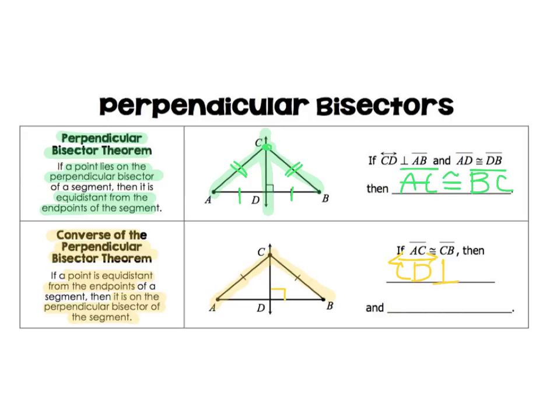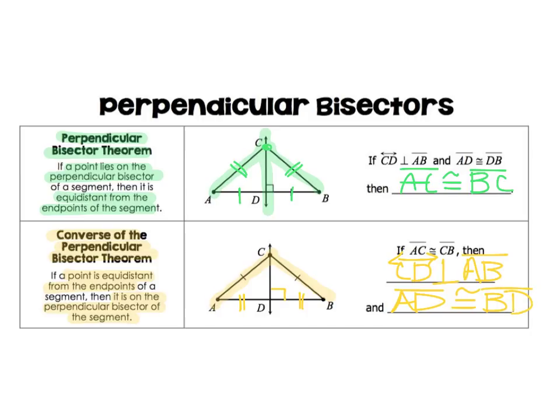So then we can say that CD is perpendicular to AB, and we can say that AD is congruent to BD.